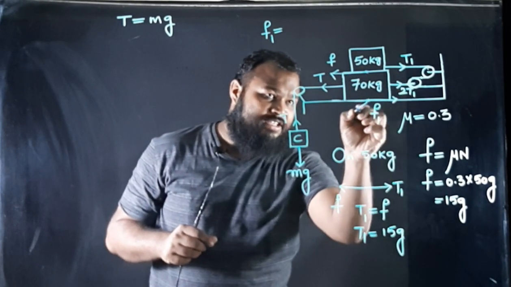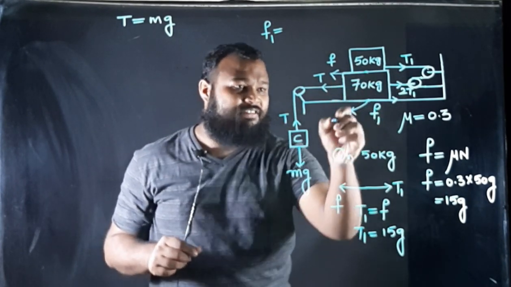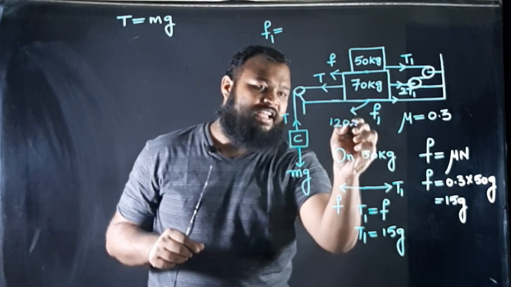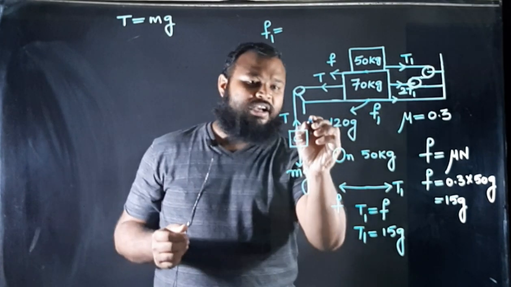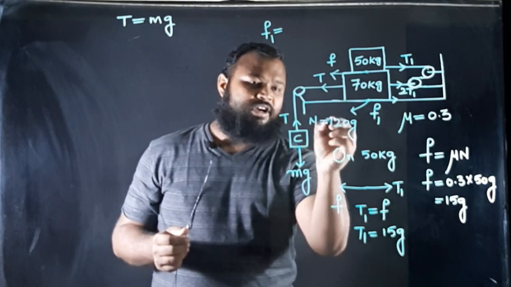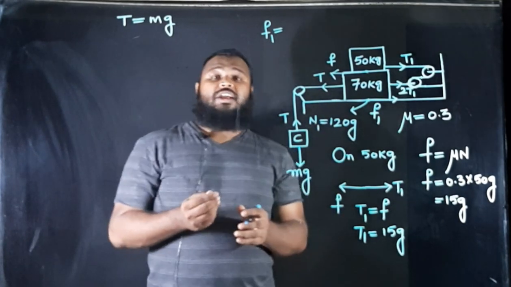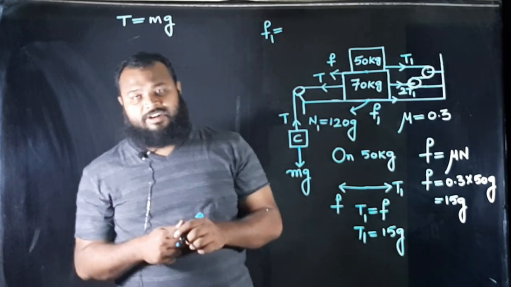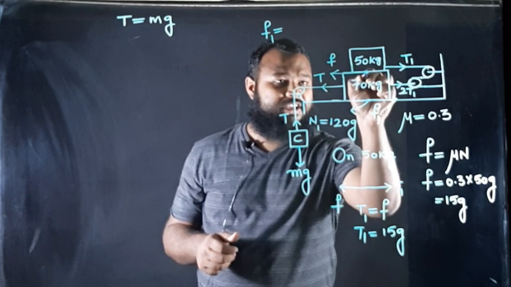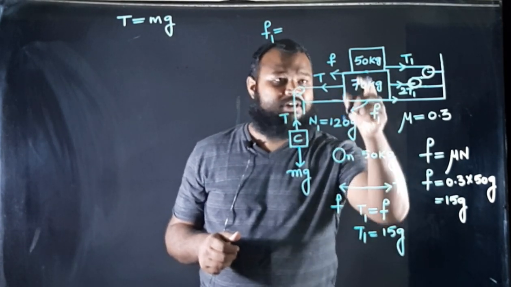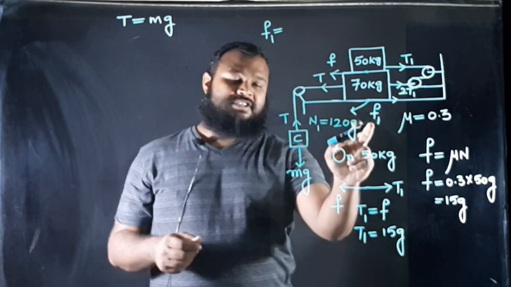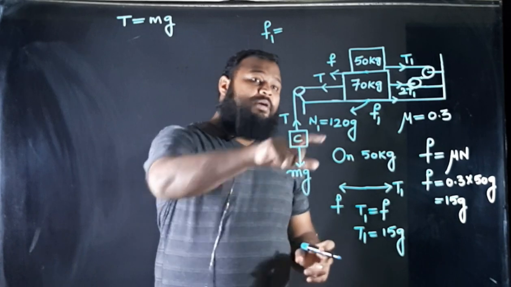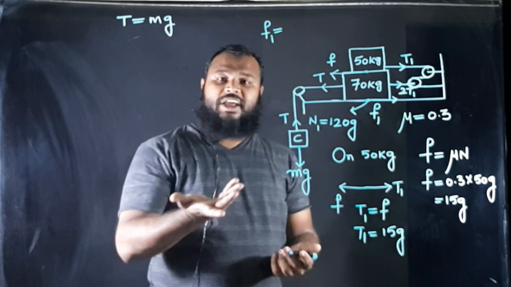So the normal reaction at this point is 50 plus 70, which is 120g. Let's call it N1, which becomes 120g. Normal is given by the ground on 70. Here the normal reaction is 50g, and here it is not 70 but 70 plus 50, which is 120g.